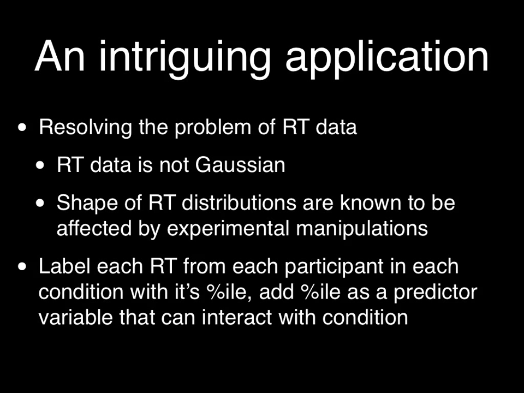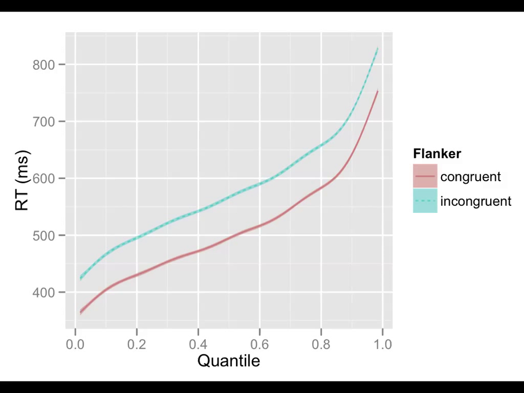The minimum RT is going to be 0. And then I'm going to add percentile as a predictor in the model. So the main effect of that predictor, percentile, is not going to be interesting. It's going to be monotonic. There's going to be an effect such that the larger percentile leads to a larger RT, because that's how we define percentile. But what will be interesting is how that predictor interacts with other variables in our experiment. So for example, if I'm doing a two-condition experiment, how that can interact with condition. To give you an example here, here's some actual data.